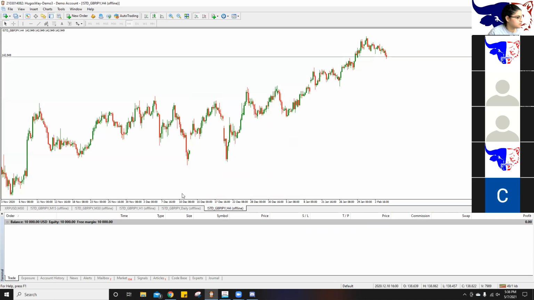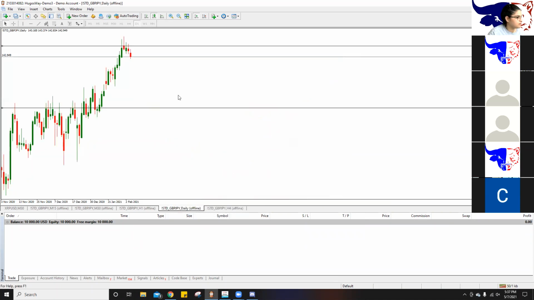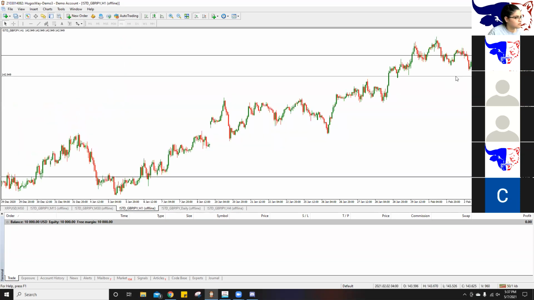All right, so this is the 4-hour chart that we have. Let me just clone these again. So this is currently where price is sitting. That would be another support that we have being formed.